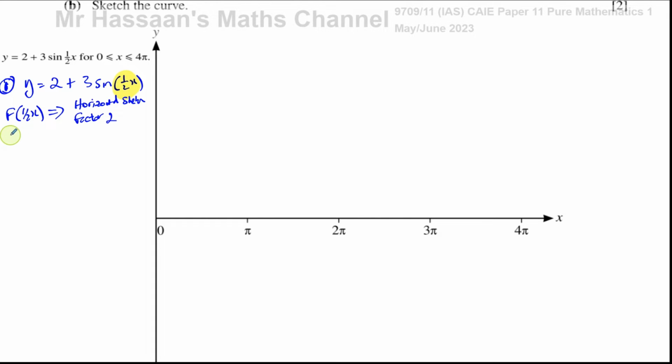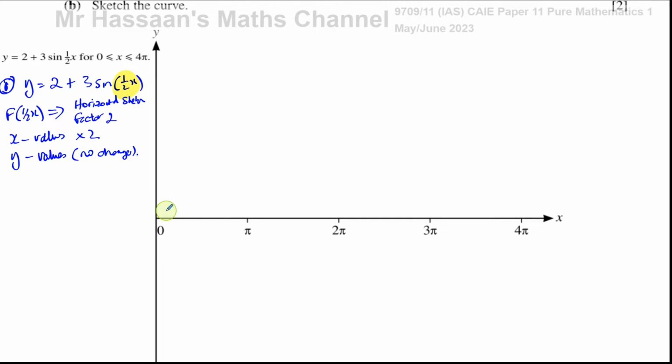So what happens here? The x values are multiplied by 2. The y values, no change. Okay, so that's what happens first.